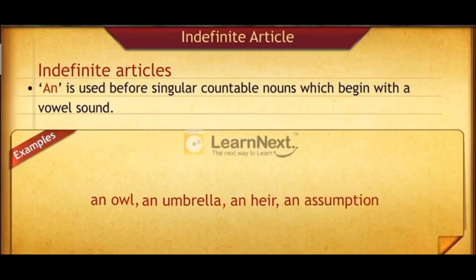Because of the sound, how it sounds, like we are starting with a vowel. Because when we pronounce it, it sounds like an our. So h is silent. So जो वर्ड होते हैं, जो सिंगुलर काउंटेबल नाउन्स होते हैं जिसका स्टार्ट में वावल का साउंड होता है, उसमें एन यूज होता है.